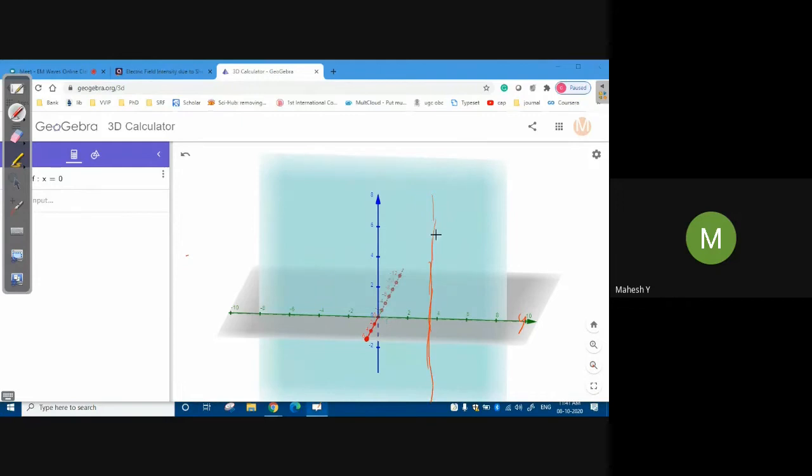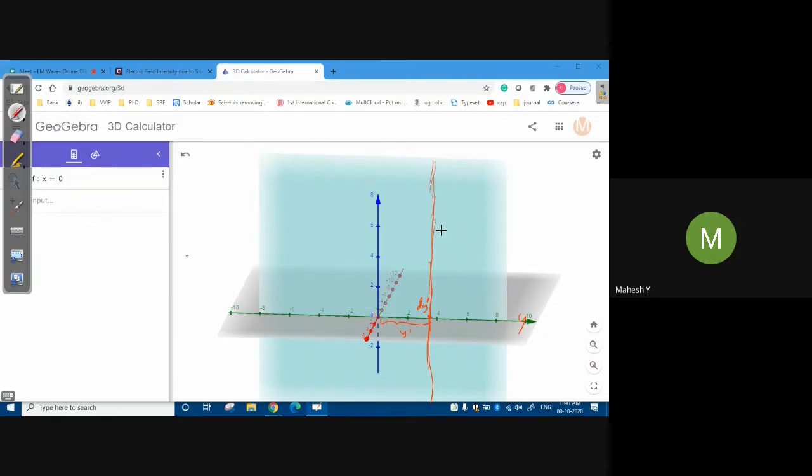Okay, this line has a width of dy because it is along the y-axis. Okay, and dy prime I will represent, and it is y prime away from the origin.